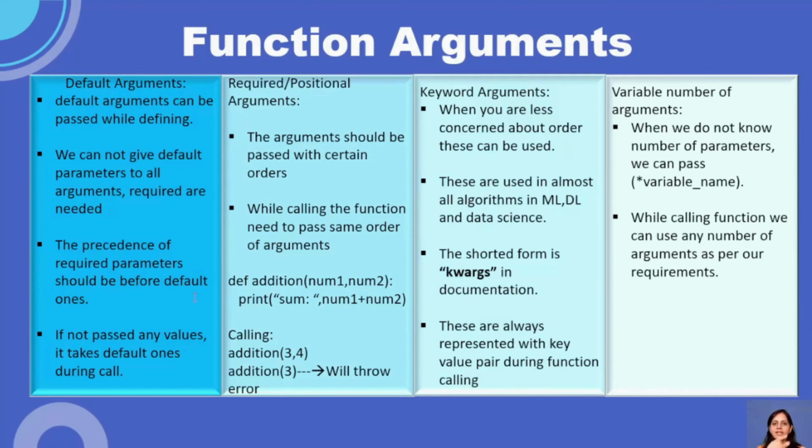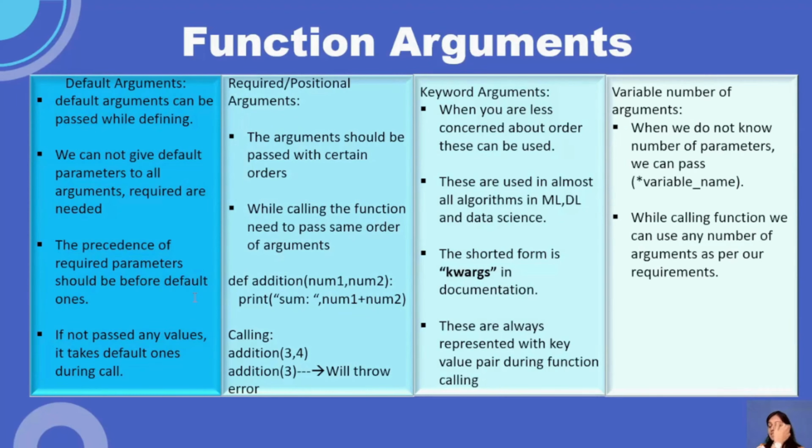Say you are writing def add numbers, and you want to add 3 numbers. When you pass the arguments, you first have to give the required arguments. Required arguments are those which do not have any default value assigned to them. So you can write num1 comma num2 comma num3 equal to 5.